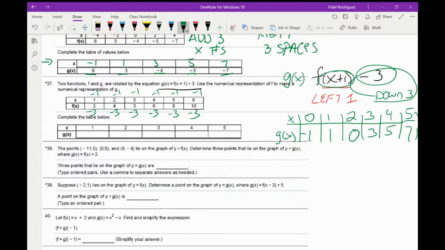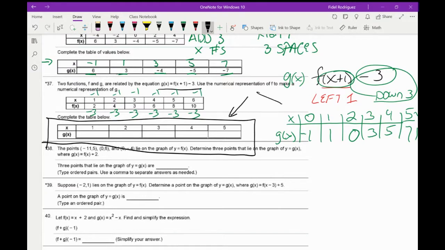Okay. Now, I wrote that table on the side over here, but the question is, how do I fill out this table here? Well, I want you to notice the difference between this table here, guys, and this table over here. It just doesn't have this part.